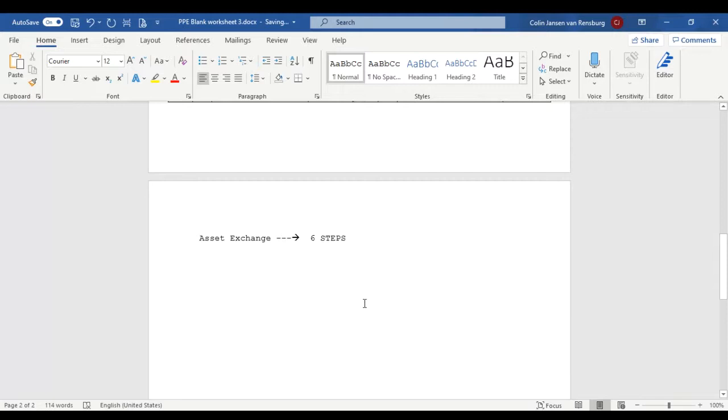But it is really steps 3, 4, 5, and 6 that you will find in financial accounting 2 questions. When it comes to an asset exchange, it is almost like when you are going to replace a significant part, then your first step will be to bring the depreciation up to date, just like we had with the replacement of a part.